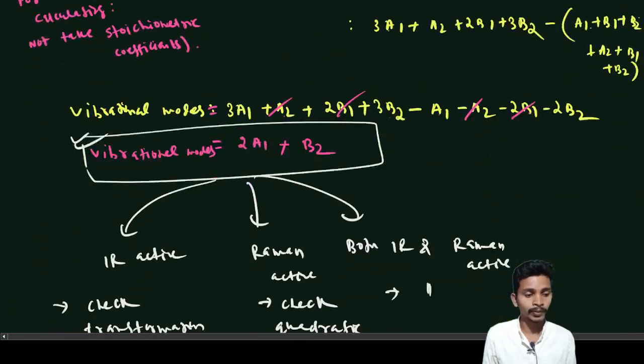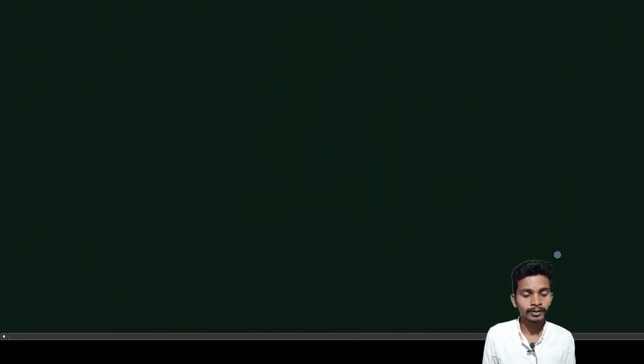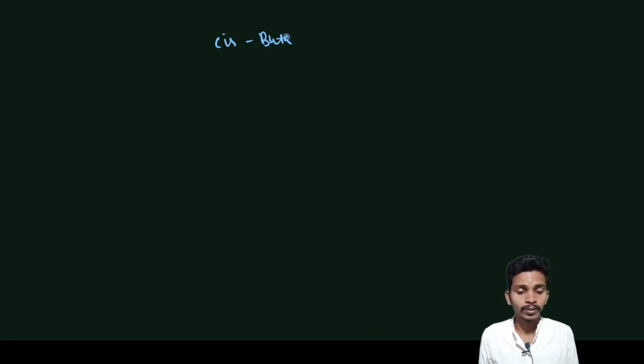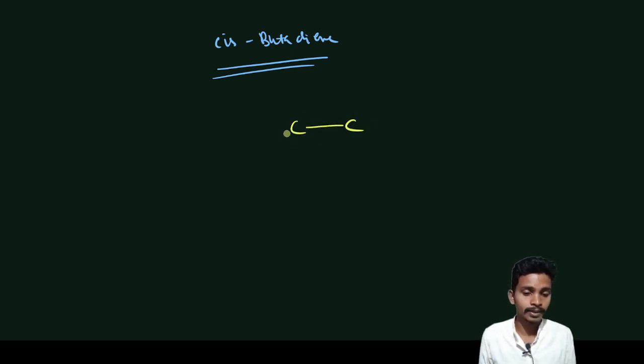Another example, let's take cis-butadiene. In exams, many times this question is asked about cis-butadiene. So let's look at this example also. How will this structure look? It is somehow like this. Cis means this, butadiene, diene means two double bonds are there.